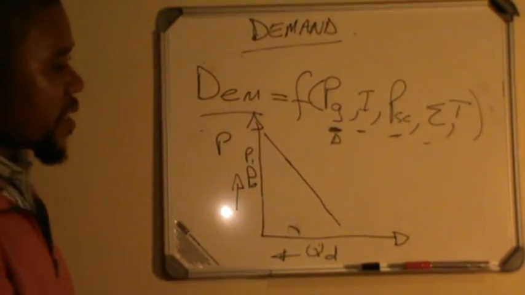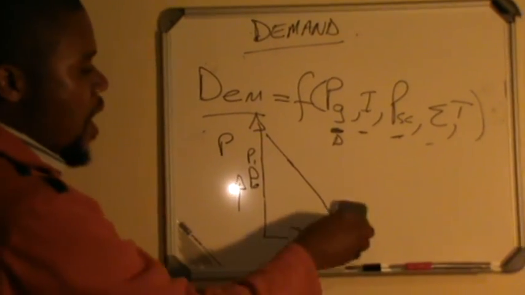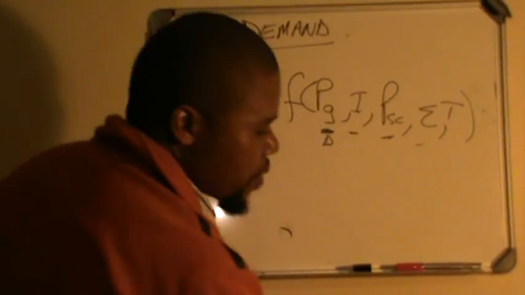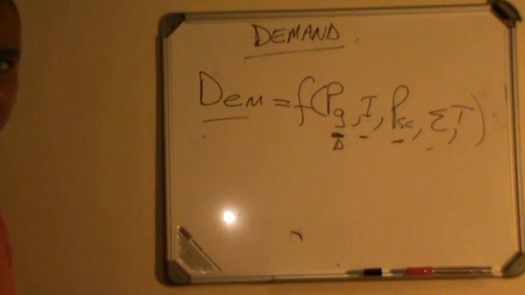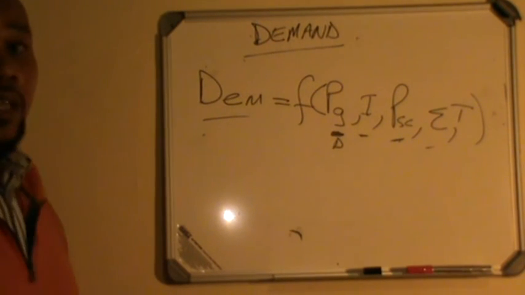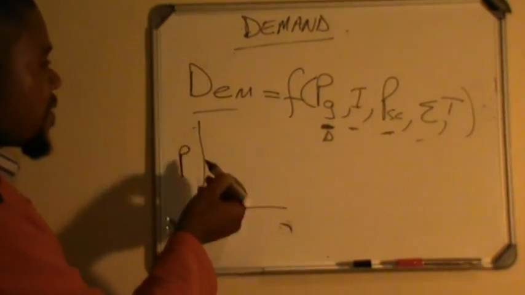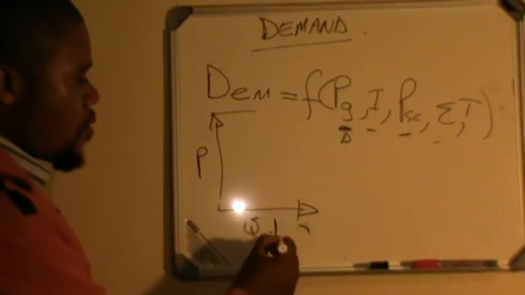Now, what we're talking about here is individual demand or household demand. Now, how do we determine market demand for a particular product? Well, all we do is add up horizontally. We add up the demand functions for particular products.